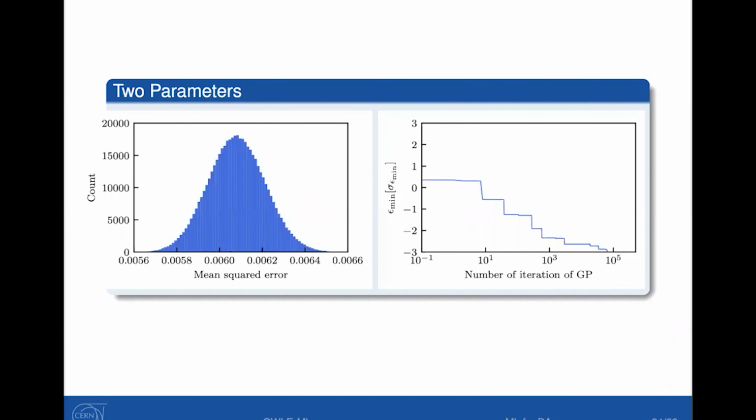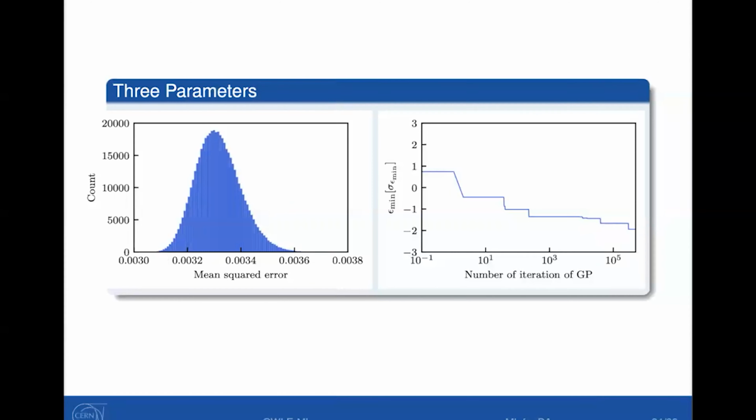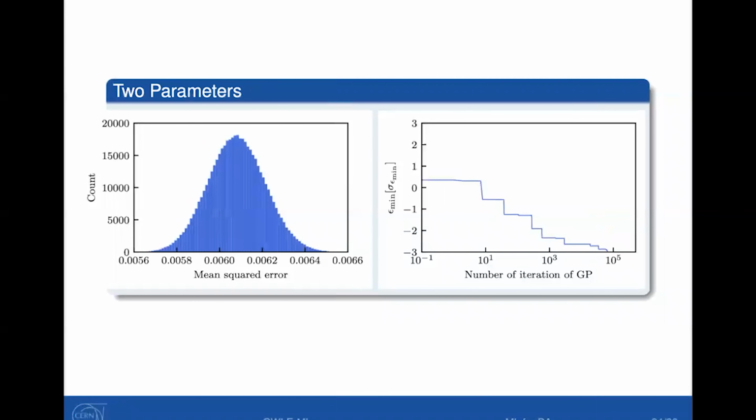And we can indeed see that here it falls down much faster. With 10 to the 5, we're already at -3 sigma, so we're already here, while here we didn't reach it. So in a sense, that also makes sense, right? The 2-parameter fit, of course, will have a worse mean squared error than a 3-parameter fit, but there will be more to gain because it is worse.